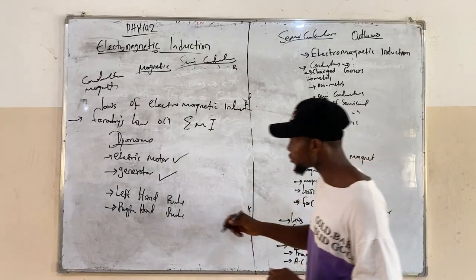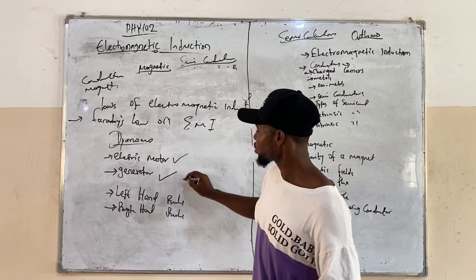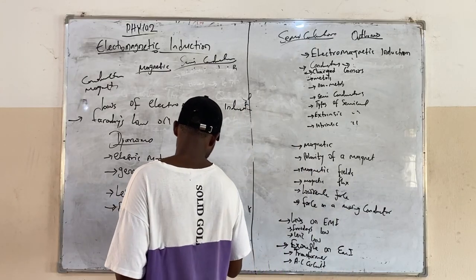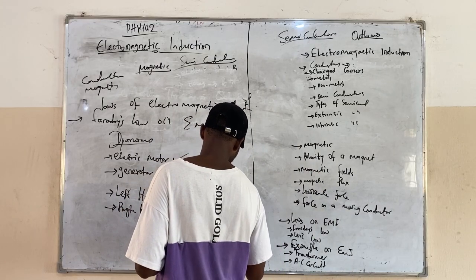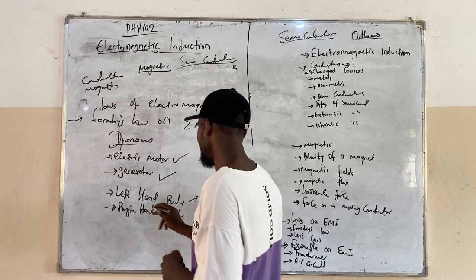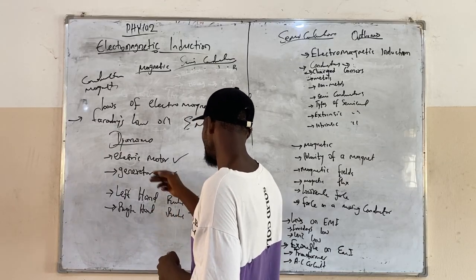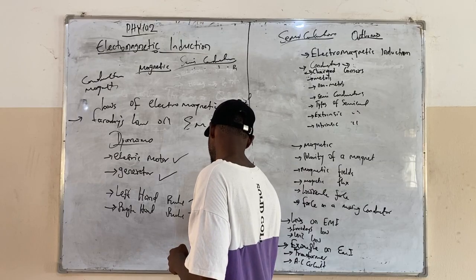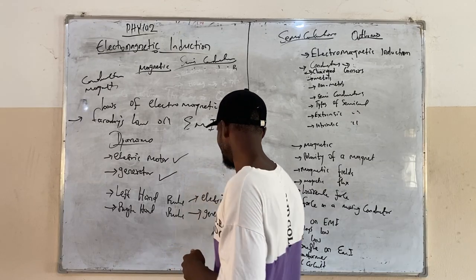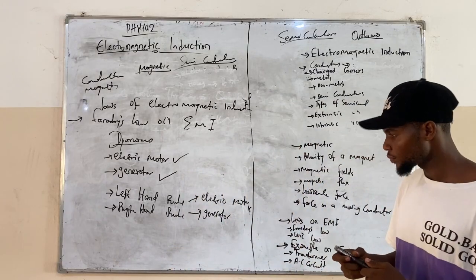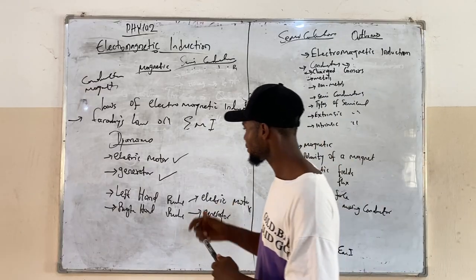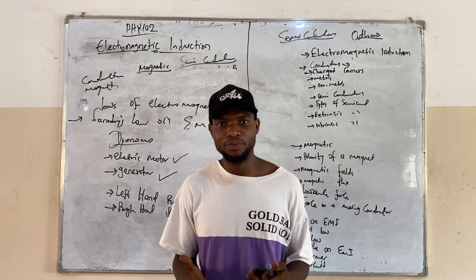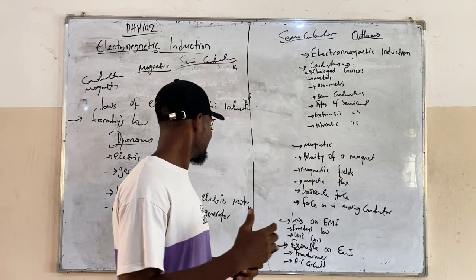The left-hand rule is used in discussing the electric motor, while the right-hand rule is used in discussing the generator. Now, what do you understand by the left-hand rule? It's simple. You can actually do this with the tips of your fingers.